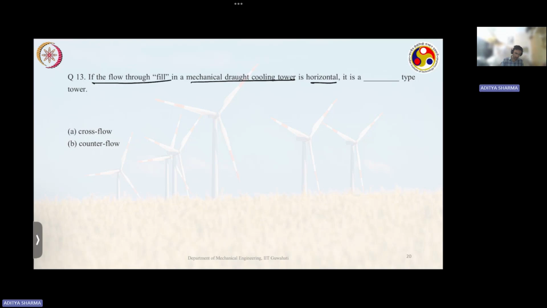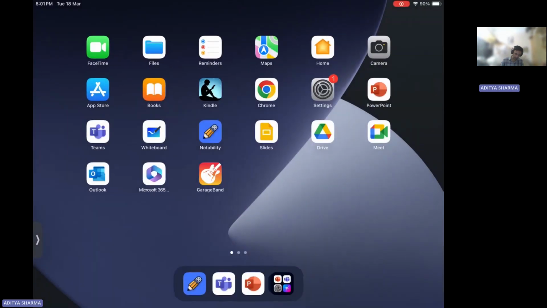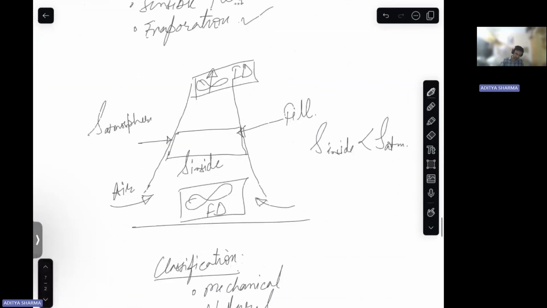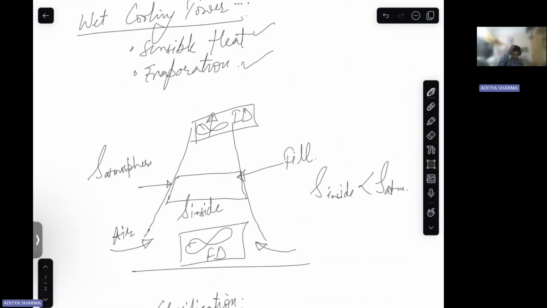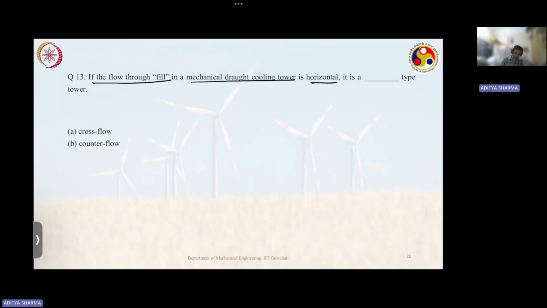So if you see the tower here, if the flow in the fill is in this direction, right? In that case, and your air is in this vertical direction, right? In that case, what type of tower is it? Okay. So this is cross flow type.